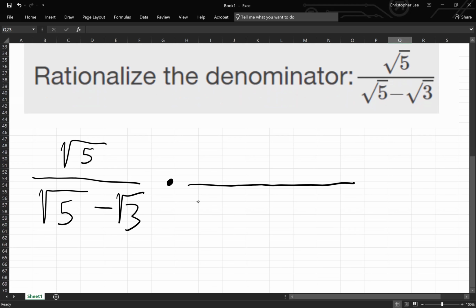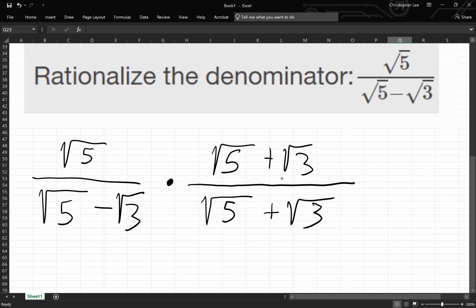So what is the opposite of square root 5 minus square root 3? It's actually square root 5 plus square root 3. So you only change the sign in the middle. That's it. But we got to be fair: what we do to the bottom, we got to do to the top. So this is square root 5 plus square root 3.